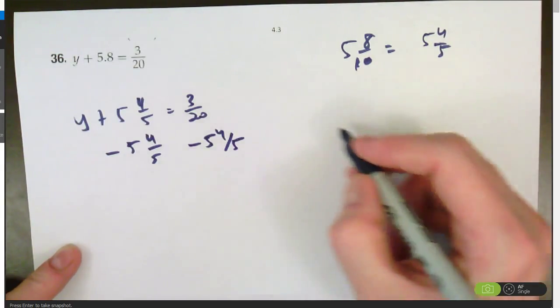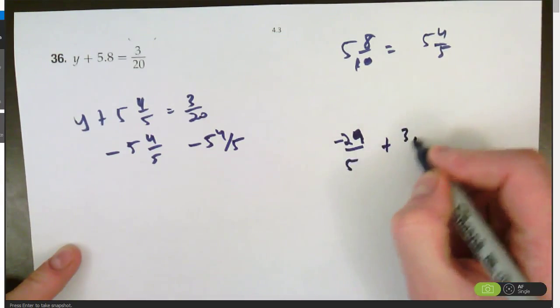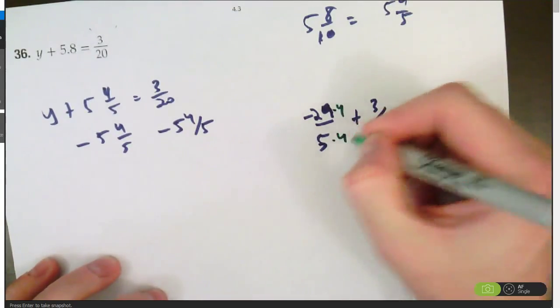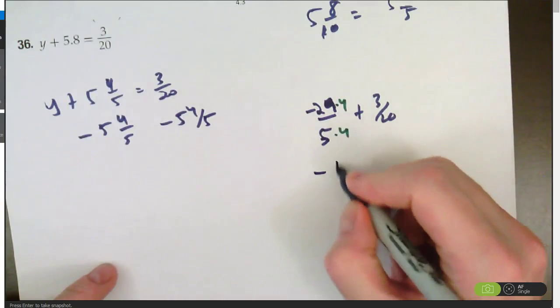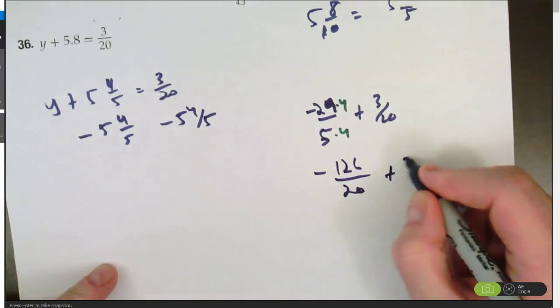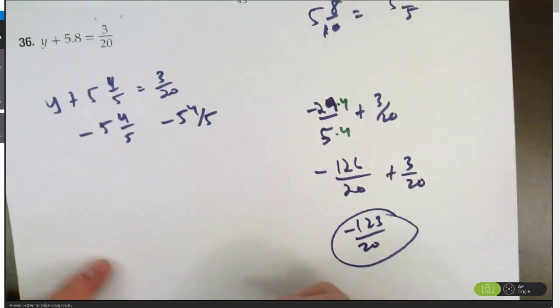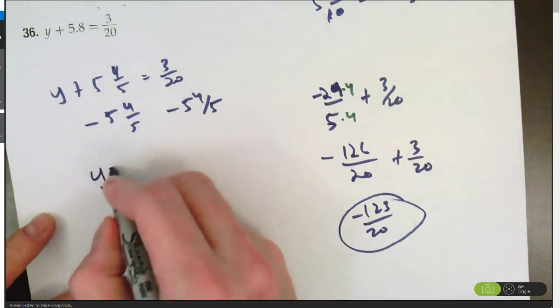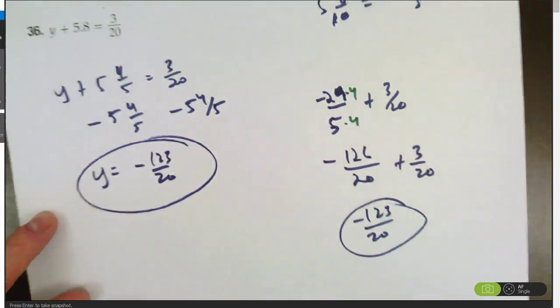So negative 5 4/5 becomes negative 29 over 5 plus 3 over 20. Okay, so my common denominator is 20ths, so multiply the top and bottom by 4. That gives me negative 116 over 20 plus 3 over 20. Negative 113 over 20 is what we get in the end. That doesn't simplify all the way, but it's close enough. So we get the answer as a fraction over 20.